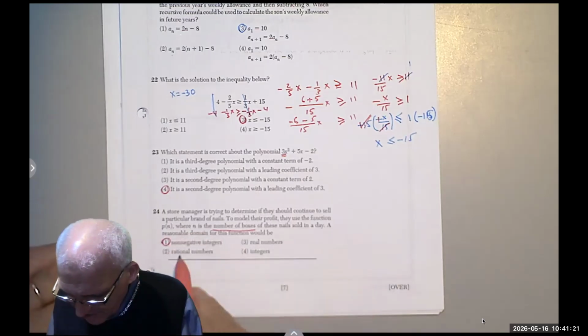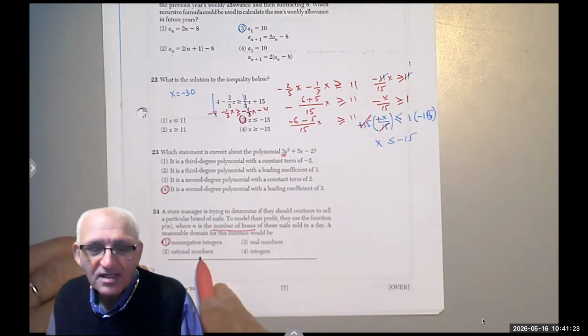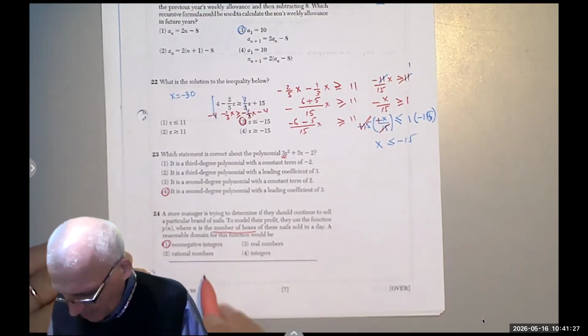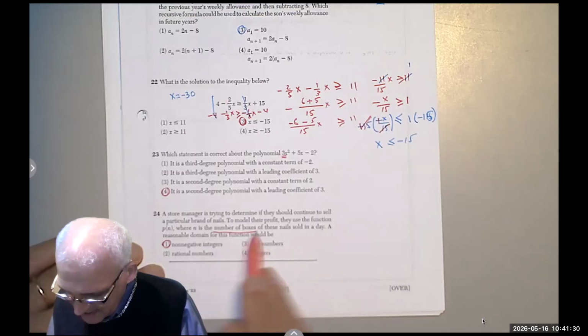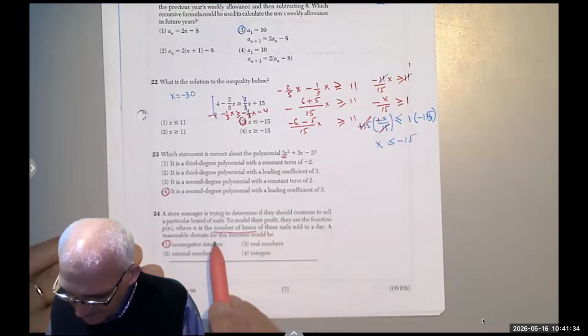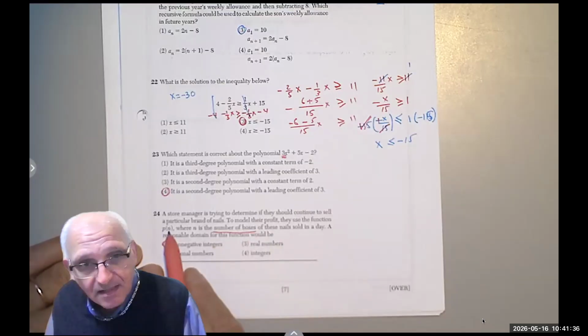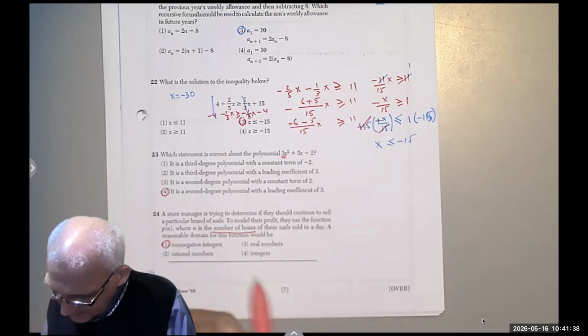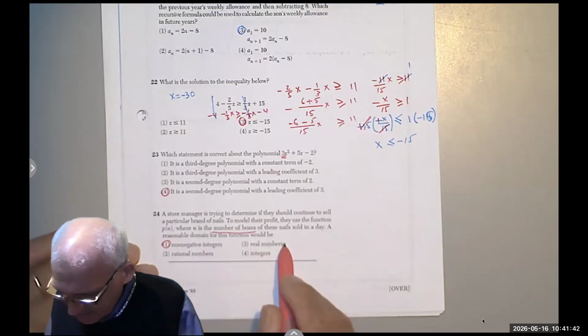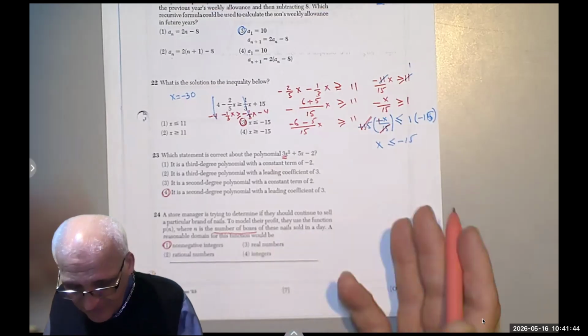And just to check rational numbers, no, you are not going to sell 7/19 of a box, right? Because he's selling P of n, okay? Real numbers meaning fractional.